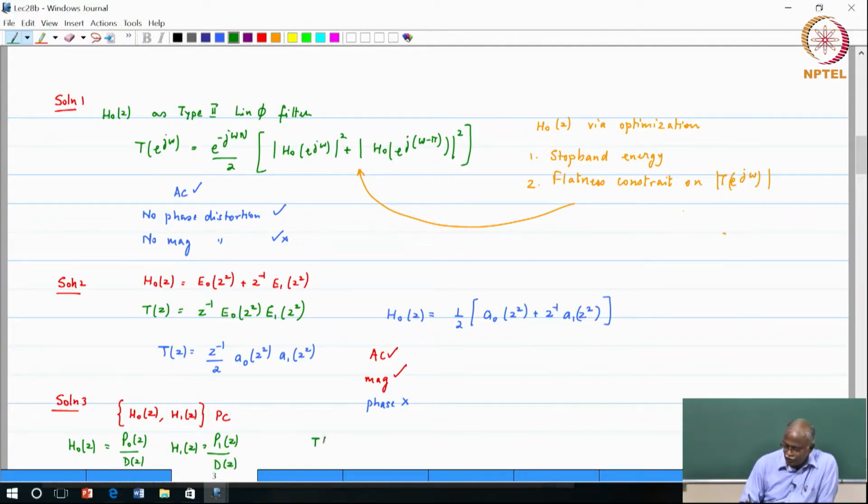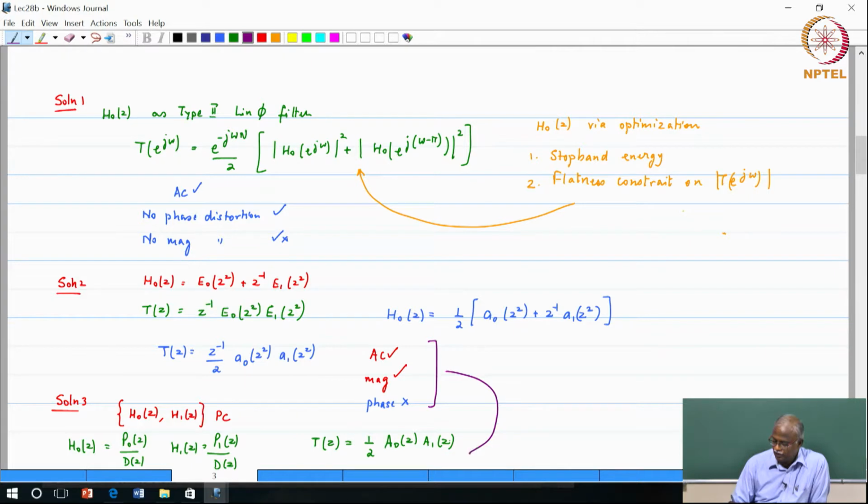We finally showed that T of Z comes out to be 1/2 of A naught of Z, A1 of Z. Okay, again it is the same category as before. So whatever we saw here is applicable here as well. No aliasing, magnitude distortion is removed, but phase distortion is still present.